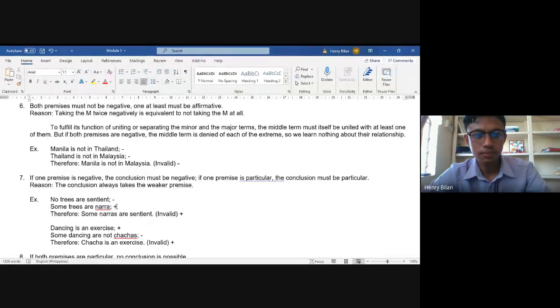Okay? Pero pag naging positive yung conclusion, automatically that is invalid. Sir, paano pag parehong affirmative yung premises? It's okay. The conclusion can be valid. Plus plus, it's okay. Pero pag minus plus or plus minus, the conclusion must be minus or negative to make it valid.